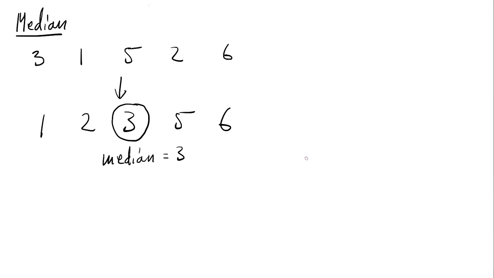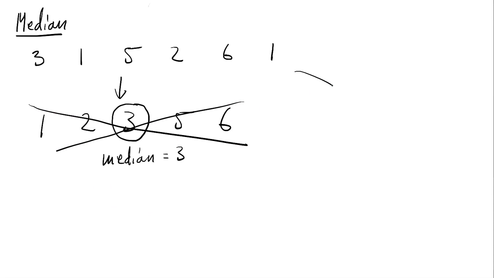Okay, but what would we have done if we had had one more data? So let's put one more. Instead of this one, we would have this data set 1, 2, 3, 5, and 6. And which one is now in the middle? It should be here, but there is no one in the middle.